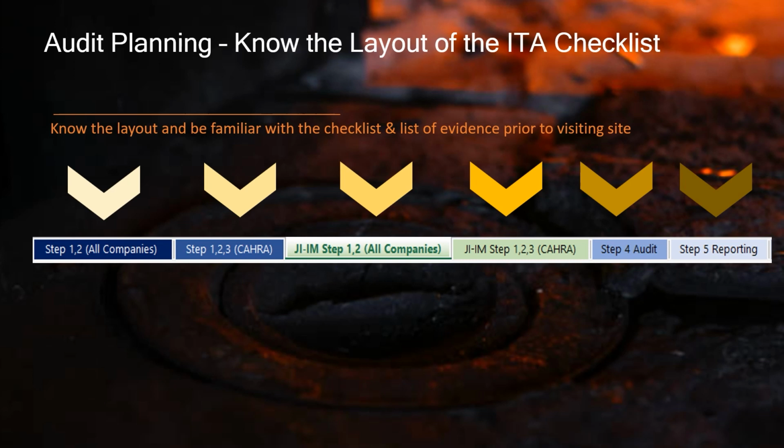Once again, the auditors must be familiar with the checklist and not sit there trying to navigate the checklist during the audit. And my personal recommendation is that if you've gathered the mandatory information beforehand and you've carried out a preliminary assessment, you can part fill some of the ITA checklist to verify that information once on site.